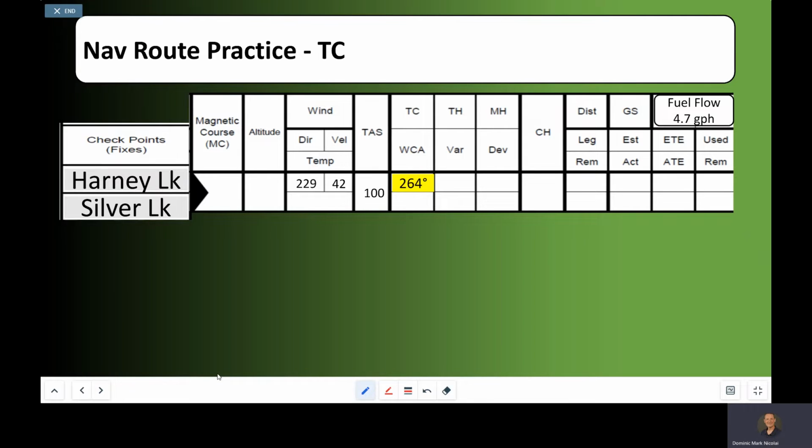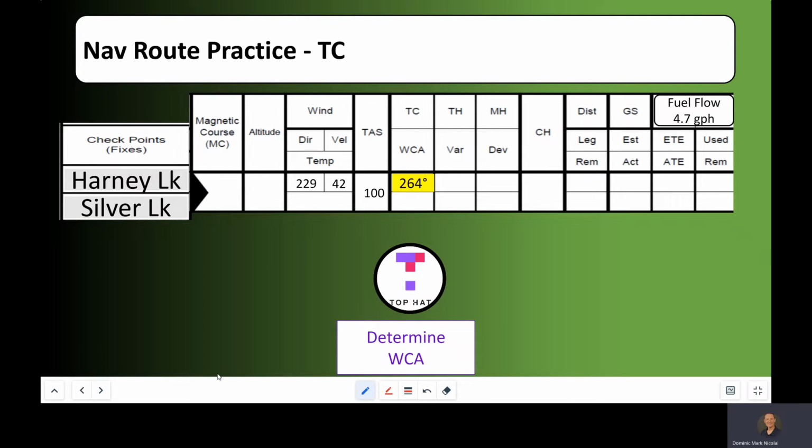Okay, so we got our true course now. Next bit is to figure out the winds aloft and wind correction angle. Now the winds aloft are on there at 229 degrees and 42 knots. Your true airspeed is 100.